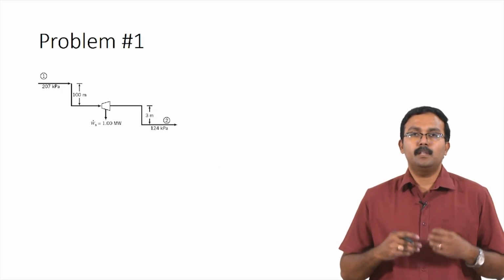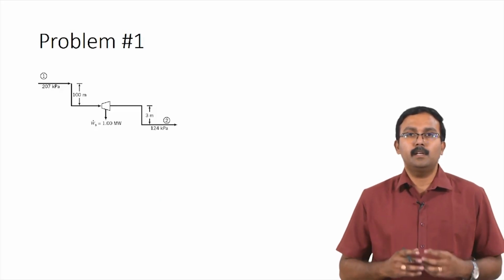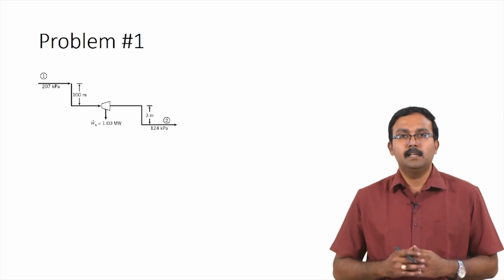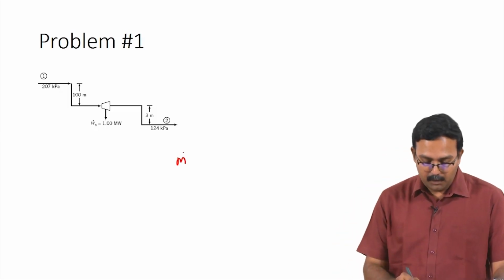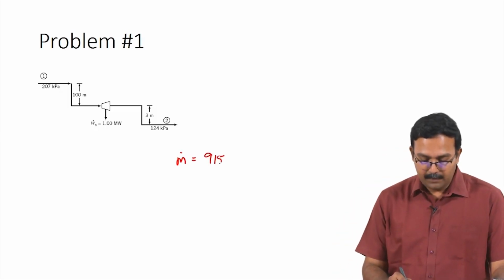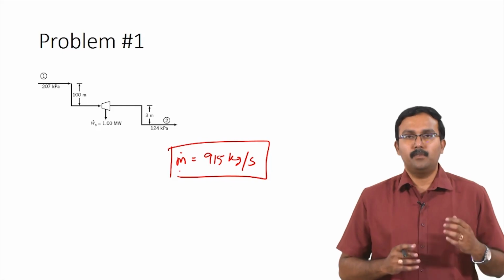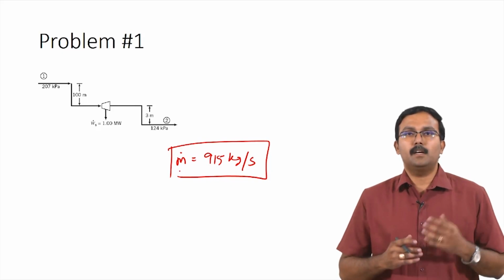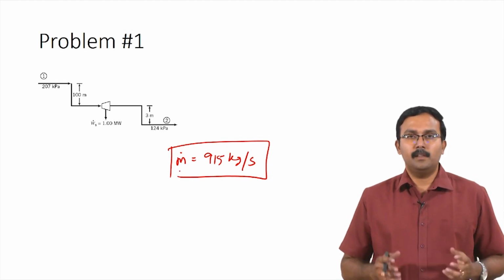Just try to substitute the actual values, which are the basic SI units for Newton and Pascals, and confirm that the units for individual terms are correct, and if you do that you will finally end up with m dot as 915 kilograms per second. So, when 915 kilograms of water flows through the turbine per second, you would be able to generate 1 megawatt of shaft work. So, with this we would have solved this problem.